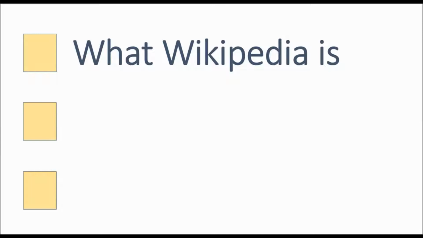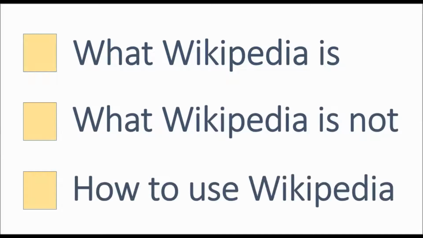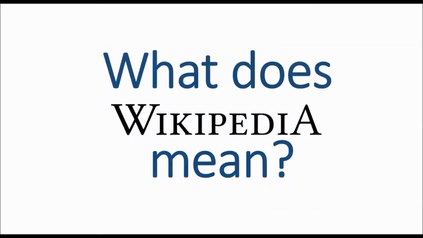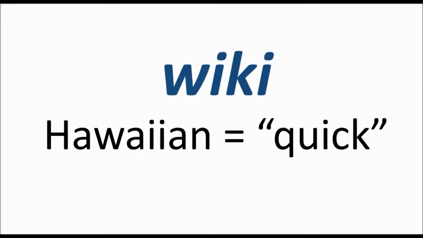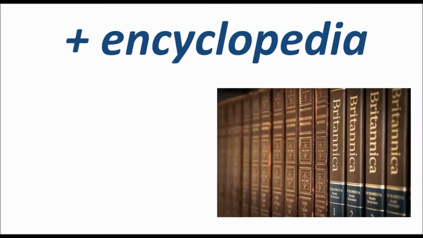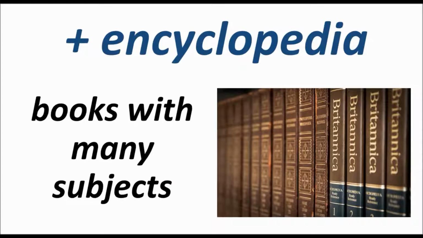In this video, we're going to look at what Wikipedia is, what Wikipedia is not, and how to use Wikipedia effectively for research. What does Wikipedia mean anyway? Well, wiki is from the Hawaiian word for quick, and an encyclopedia, well, those are those old dusty books that might be in your parents' or grandparents' house, and it's a set of books that has information on many different subjects.